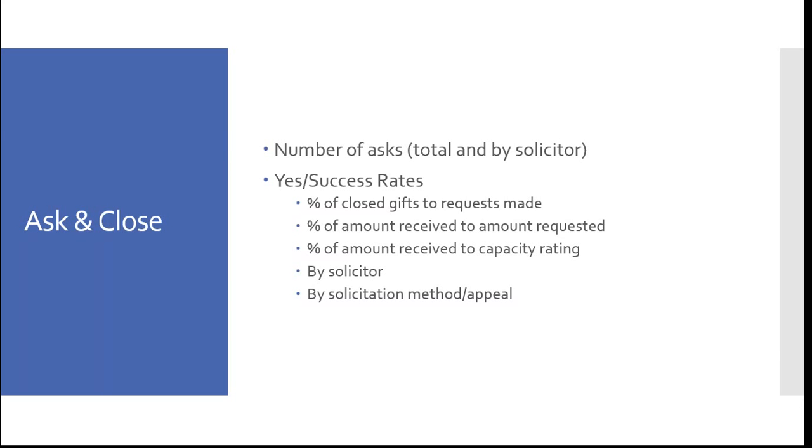I think the other great thing about looking at yes rates is that it helps us to answer questions about other steps in the donor management model, because the problem may not have anything to do with the ask itself. When we start to look at yes rates and see numbers that we don't like as much, it forces us to go back and evaluate: are we not rating enough of our donors?